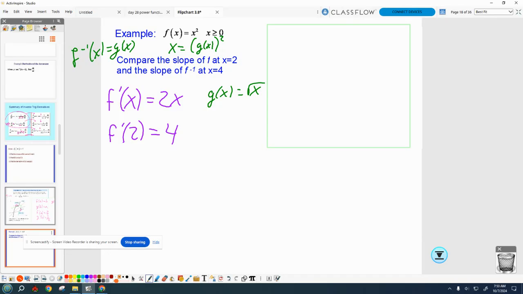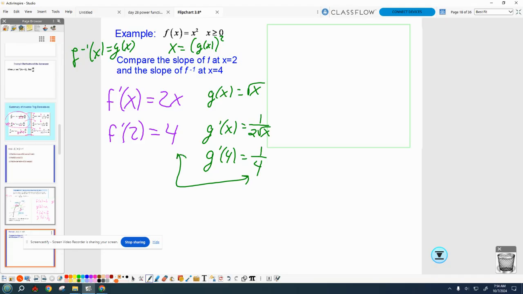Adrian, what's the derivative of g of x? That's 1/2 x to the negative 1/2. Okay. All right, now they asked for the slope of the inverse at 4. The slope of the inverse at 4 is 1/4.